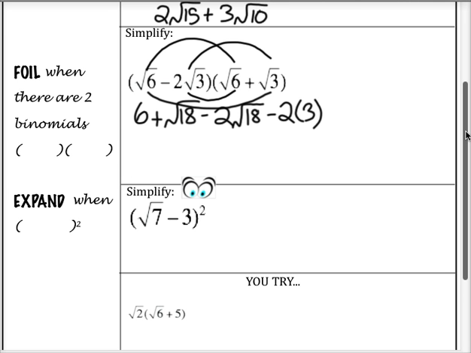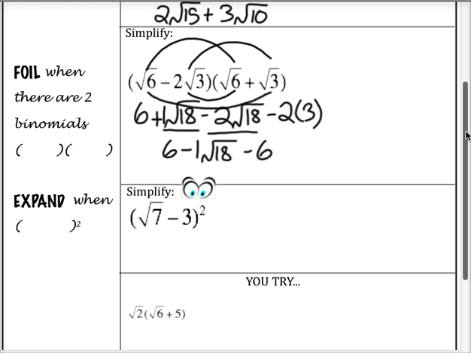Now, we still have kind of a mess here, so we're going to start simplifying. Square root of 18 minus 2 square roots of 18. I have the same thing inside those radicals. From the previous piece of this lesson, you should know that these are like radicals. If I have one of them and I'm subtracting 2 away, I'm going to have minus 1 square root of 18.